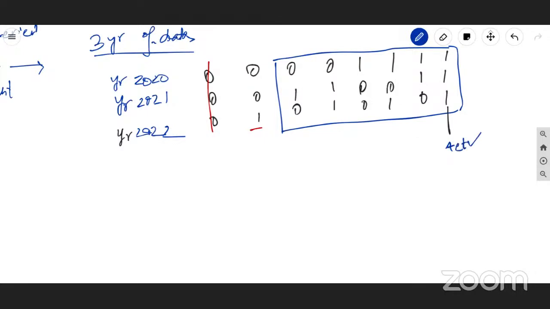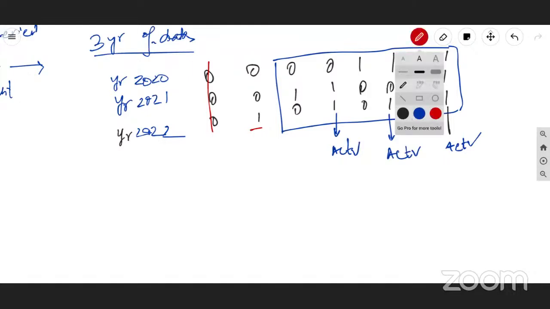All the 3 years he is visiting. 101, this is also an active. 011, this is also active. First determine all the actives. 010, this is dormant. This is also dormant.